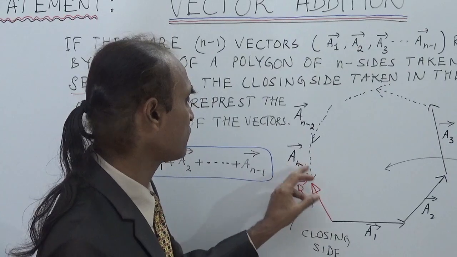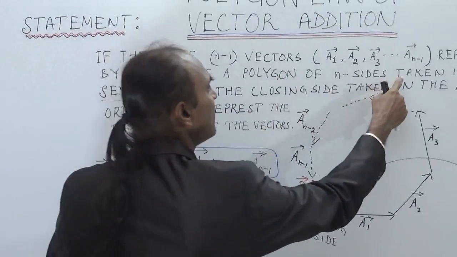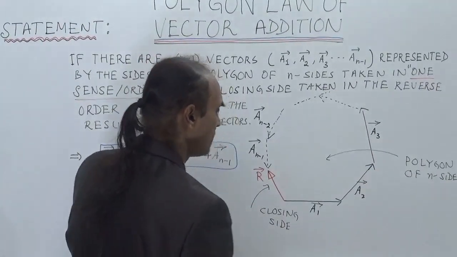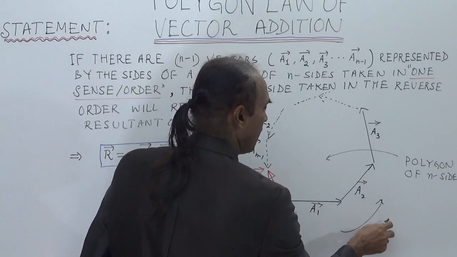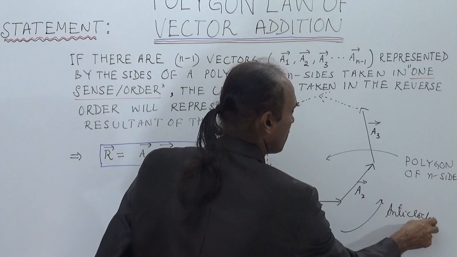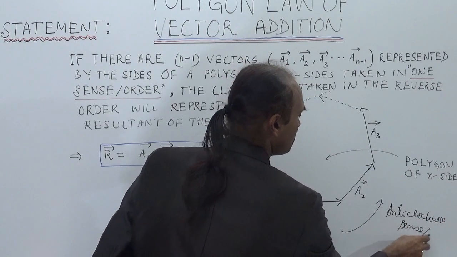If you add n-1 plus 1, we are getting n sides. A polygon of n sides taken in one sense or one order. The sense we have chosen is anti-clockwise sense or anti-clockwise order.